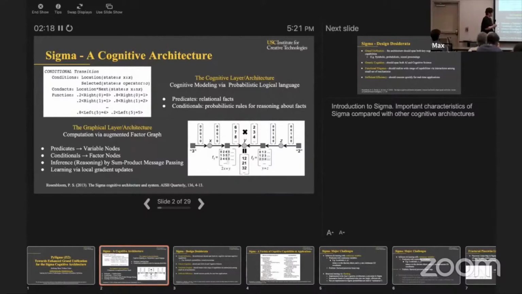One thing to note is that this factor graph is augmented in many important ways, and the most important one is that it's lifted. Traditional factor nodes only operate on single variables, but here the factors and variables are first-order, probabilistic logics.